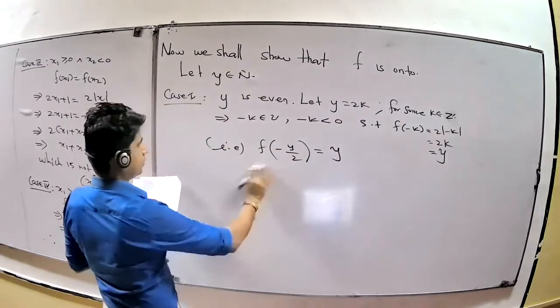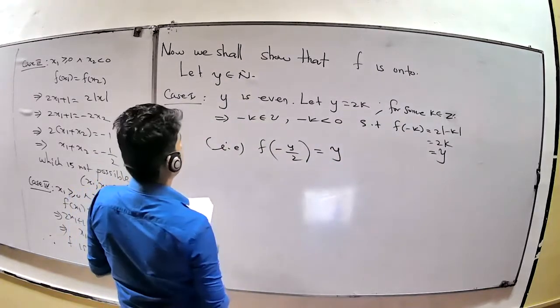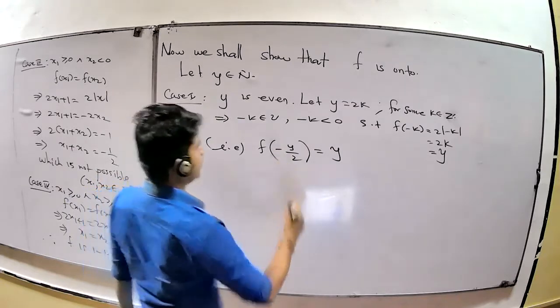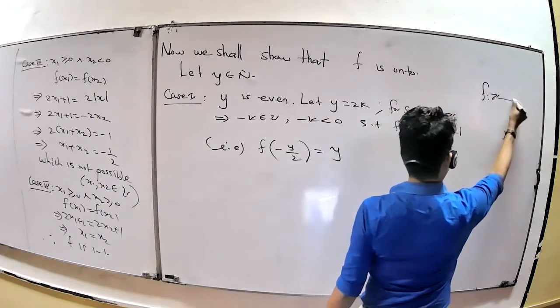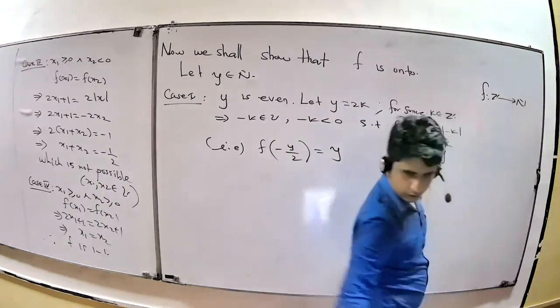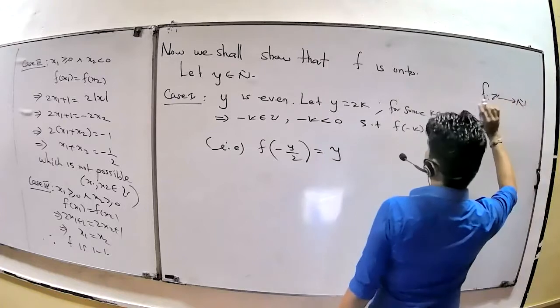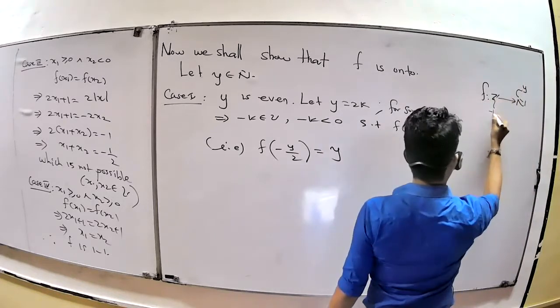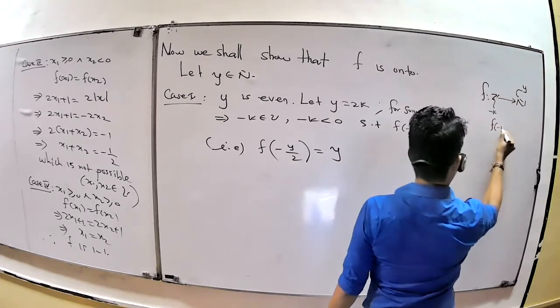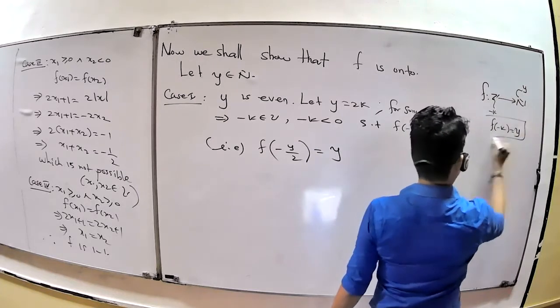Yeah, but it's an onto function, right? You have the function f from integers to natural numbers, okay? Now we take the y values here. You can find the values here. You find here minus k. Therefore, f of minus k equals y. It shows the onto condition.